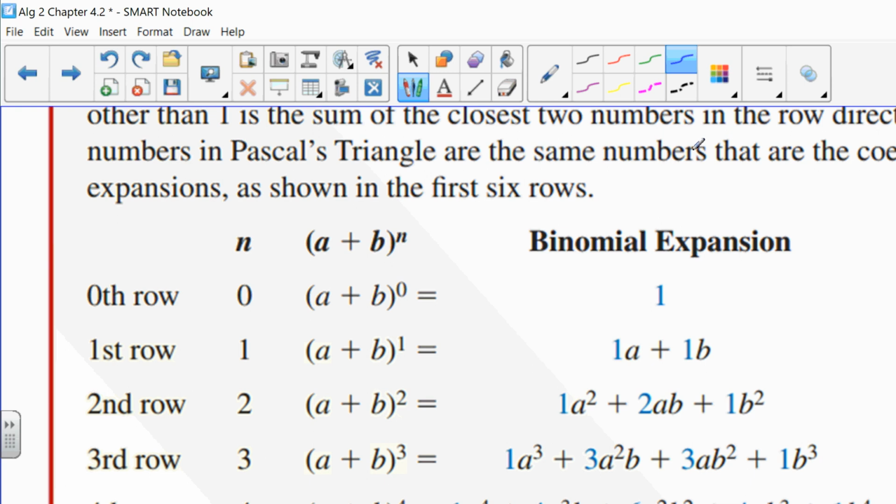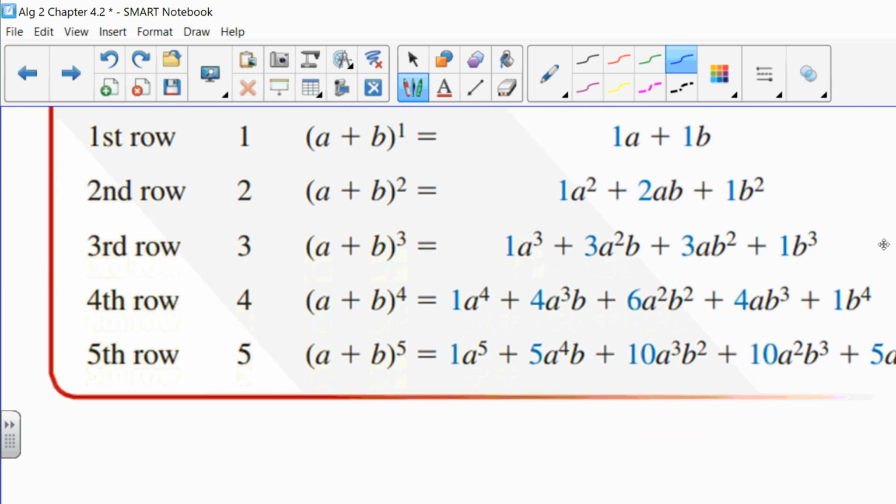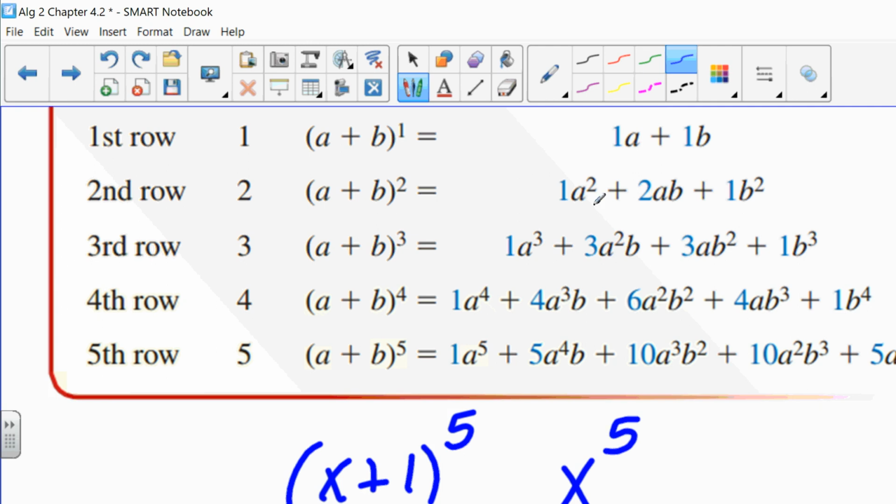To where if I picked one, and I'll pick one where a and b are both 1, so let's say x plus 1 to the 5th, because x and 1, they both have a number of 1. This here is actually the numbers that correspond to it. And x is always going to start, so the first term is always going to start with the power that we have. So x to the 5th, and the number in front of it is 1.